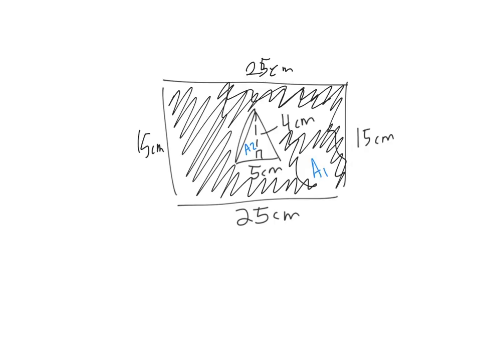So my shaded area equation would be shaded area equals A1 minus A2. Okay, and so then I would need to figure out A1.